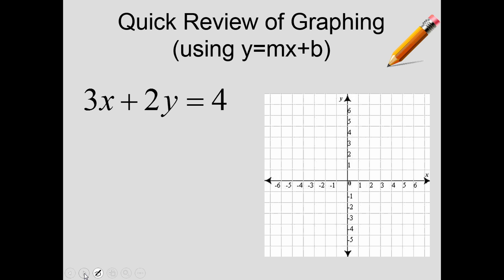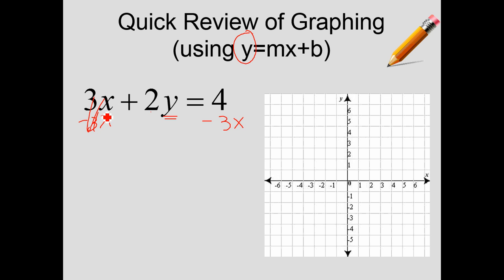This will be our last example we get in our notes. We're going to graph this line using y equals mx plus b form. So when you want to use this quick way to graph, notice what has to happen. The y has to be by himself. In our example here, the y is not by himself. He's got an x over here, he's got a 2 in front, so we have some work to do. We first need to move away the x's so that the y can be alone. So I'm going to subtract 3x from both sides.